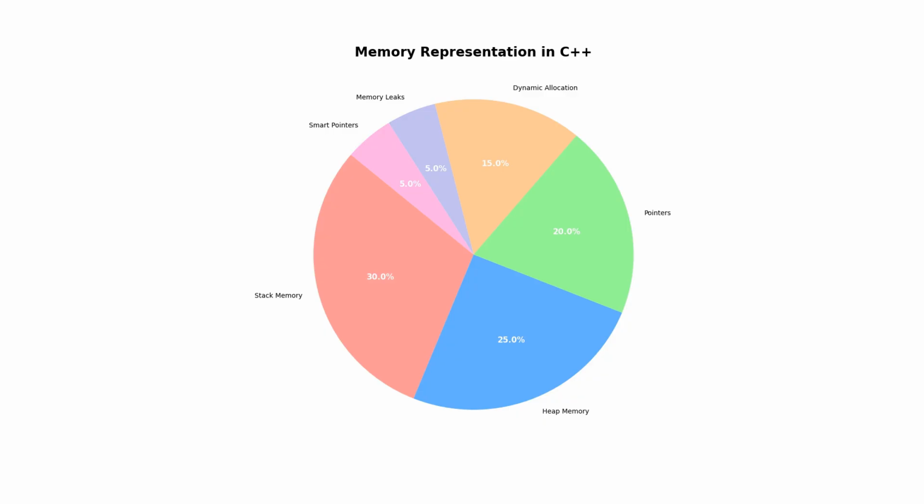Overall, this chart suggests a natural learning progression. First, prioritize understanding the stack and heap layout, then delve into pointers and allocation semantics, and finally, address leak prevention and smart pointer usage to manage ownership and lifetime effectively. This roadmap will definitely guide you as you navigate the complexities of memory representation in C++.